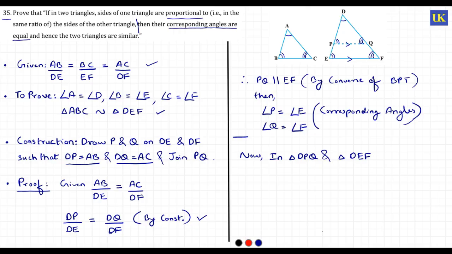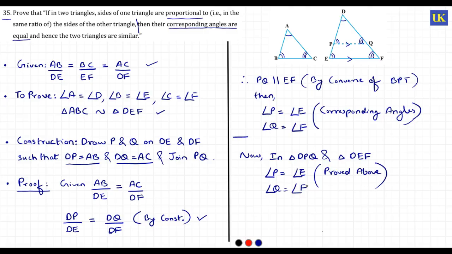So I am taking these two triangles and I am going to prove that they are similar. So how can I do that? I can say that angle P is equal to angle E, and I can say that angle Q is equal to angle F. Why I am saying this is because I have just proved it above.